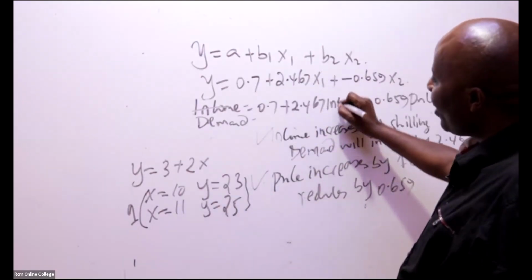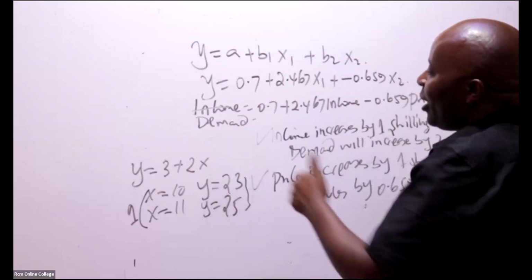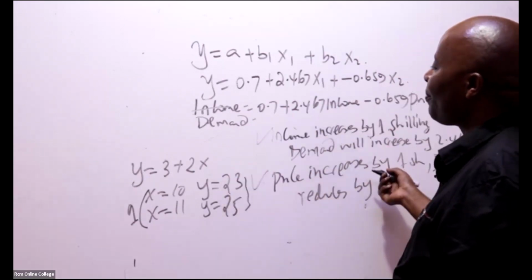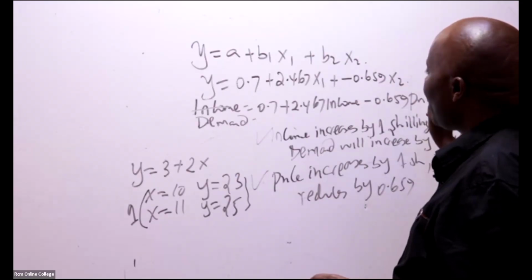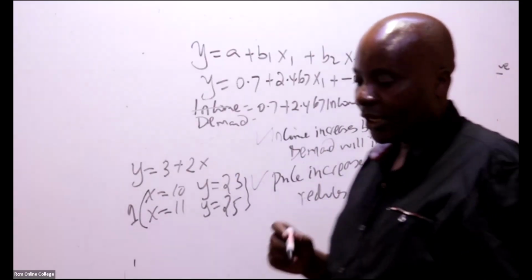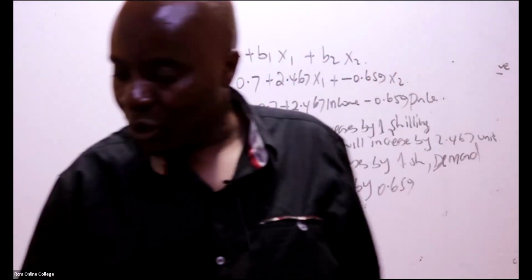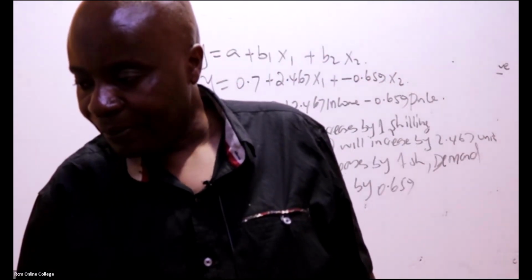When the income increases by just 1 shilling, the demand, or the y there, will increase by 2.467. If the price was to go up by just 1 shilling, then the demand will reduce by that. And now I've given also the answer, which is there. Remember, it's all about you knowing how to interpret this generally.